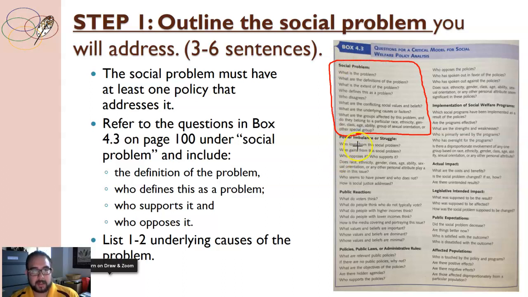So what is the definition of the problem? Who defines the problem? Who supports it? And who opposes it? And list 1 to 2 underlying causes of the problem.